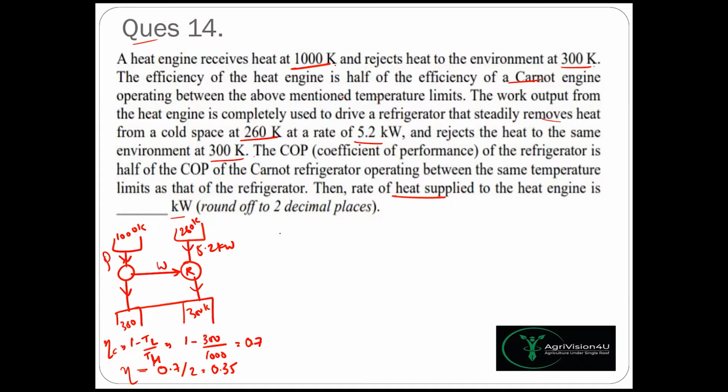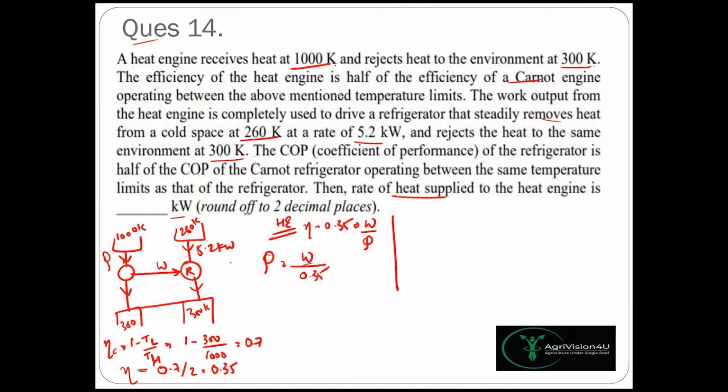So for that we need to find out the work done. Let's just talk about the heat engine first. Heat engine का efficiency we have found, that is 0.35, and efficiency would be equal to work done divided by Q provided. So 0.35 would be equal to work divided by the heat being supplied to it. Fine. So first we have to find out the work done.